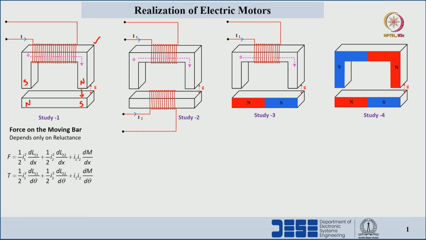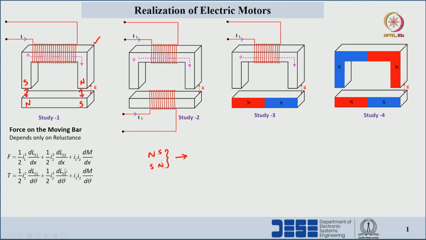We can see here now there is an attraction of magnetic poles because these two are opposite poles, right, north south and south north. So, there will be an attraction and based upon the attraction this moving I bar will be attracted towards the C-type core. The same principle is applicable in switched reluctance machine and the torque depends upon the reluctance.